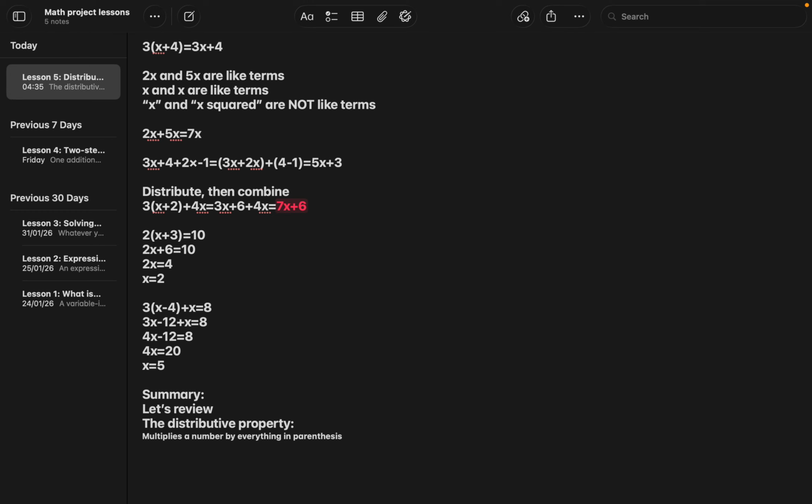Combining like terms adds terms with the same variable.